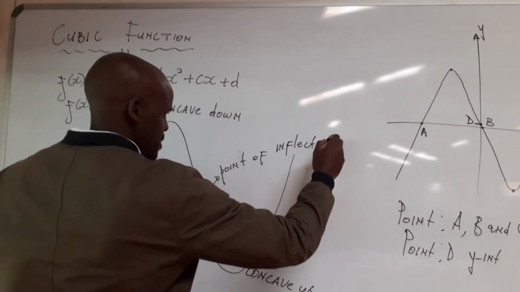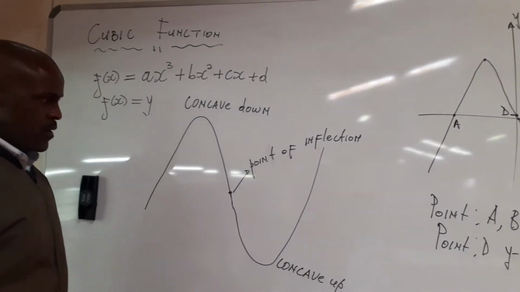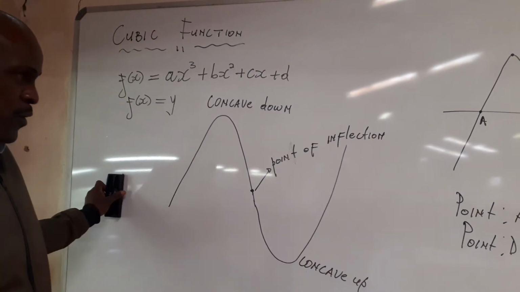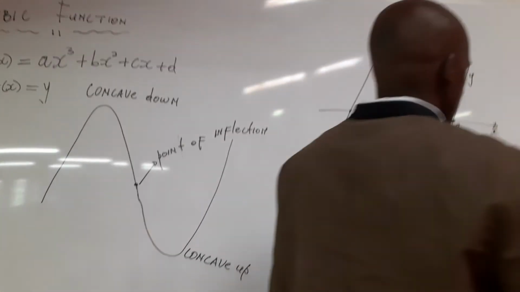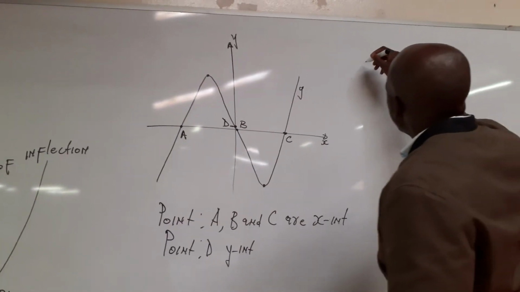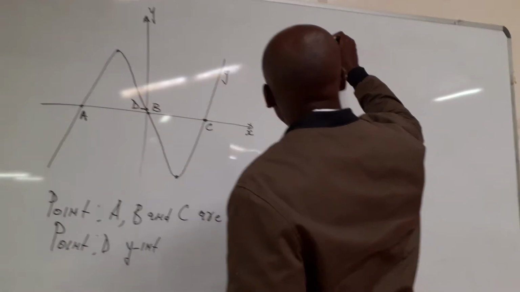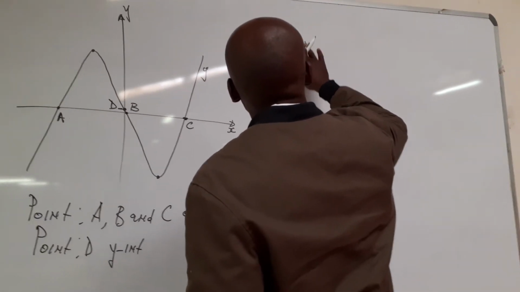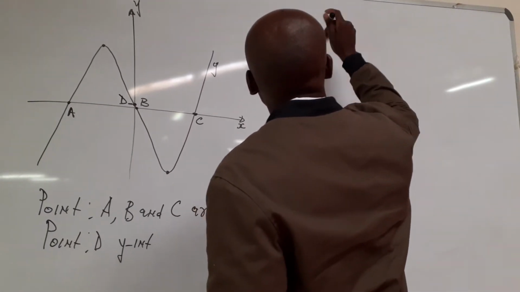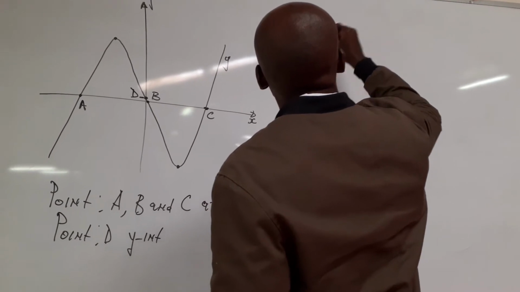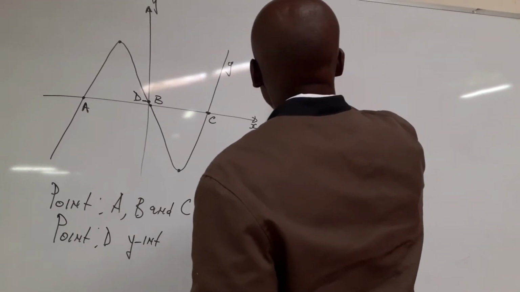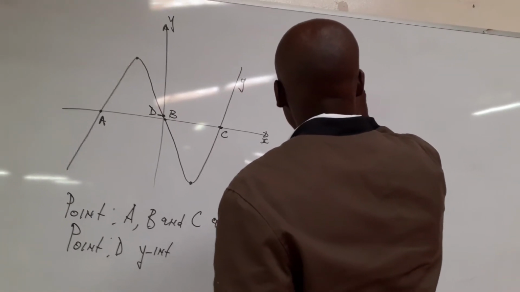Point of inflection. So now we've got the following points. Number 1, we've got a point that we call the y-intercept. Number 2, we've got the x-intercept.